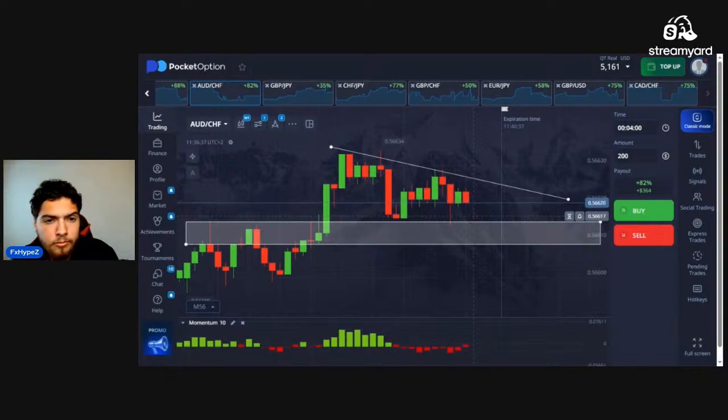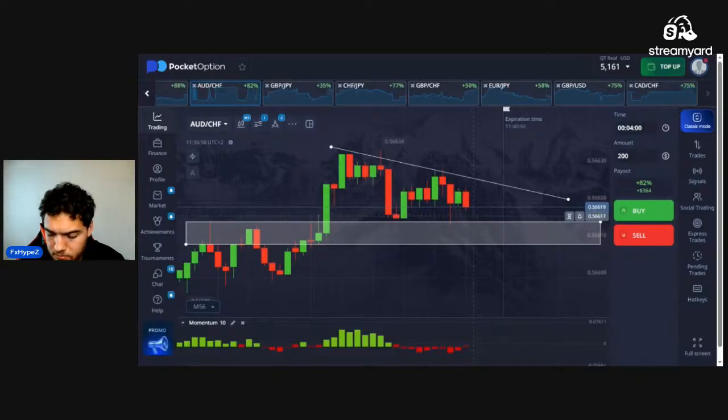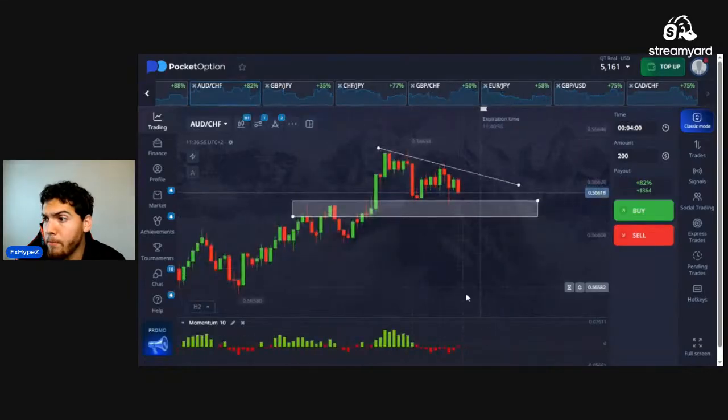But so far, we're being patient here with odd CHF. Patience is key. Yeah, so momentum does look like it's going to shift at some point.